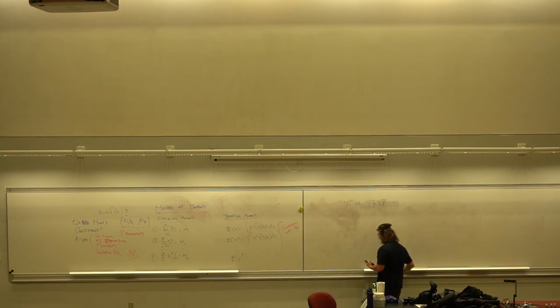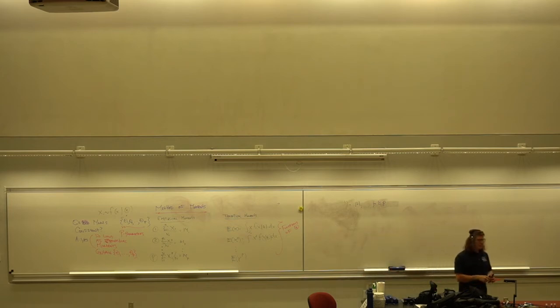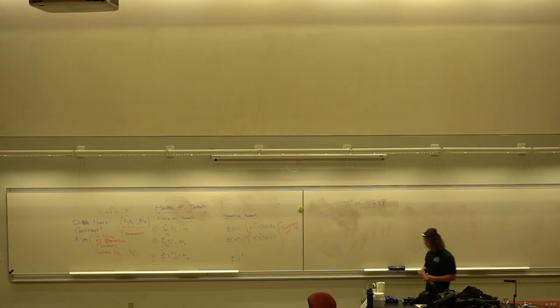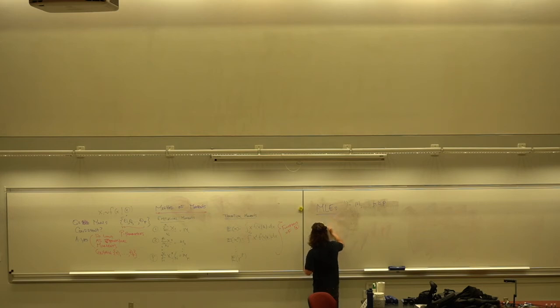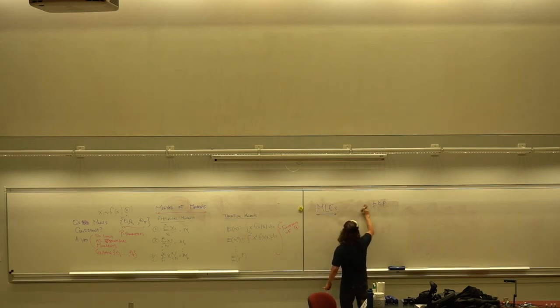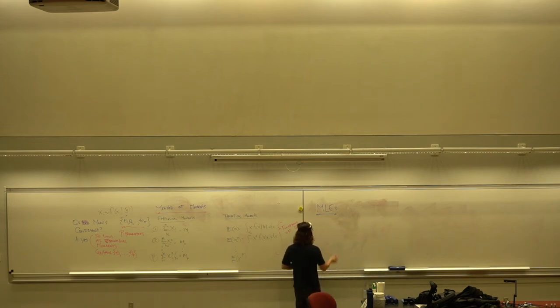So the MLE stuff is just your calculus 101. You maximize the function. Maybe you can do calc. So MLEs, maximum likelihood estimators. What are these things? Basically what you do is you take your derivatives with respect to your parameters.